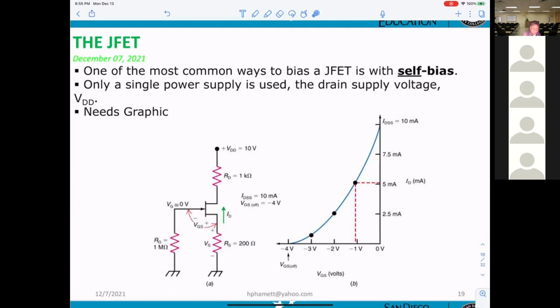So next time when you're looking at the circuitry, you have to know what type of bias it is. It can be fixed bias or it can be self bias. On this one, they need only one power supply, that VDD.